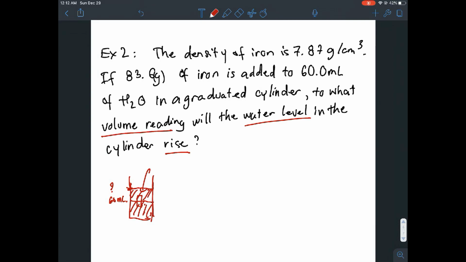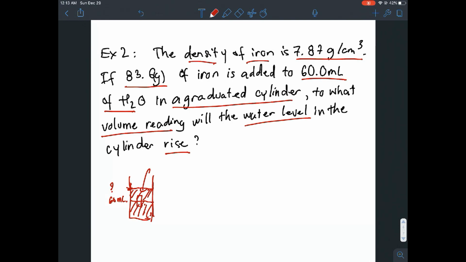Okay, we have to get the density of that metal. In this case, that is iron. We have the density of iron is 7.87 gram per cubic centimeter. If 83.6 gram is added to 60.0 milliliter of water in a graduated cylinder, we are going to find out the volume reading.